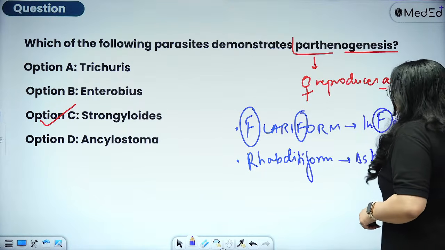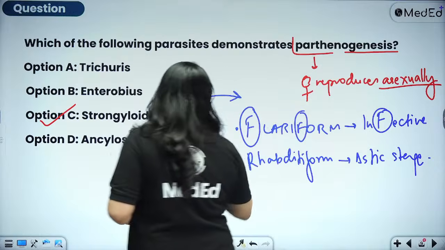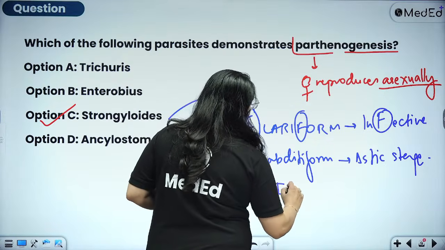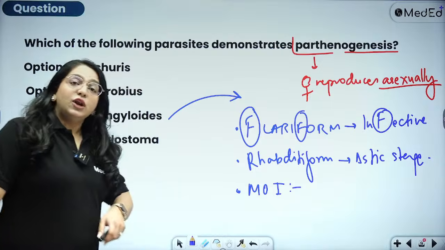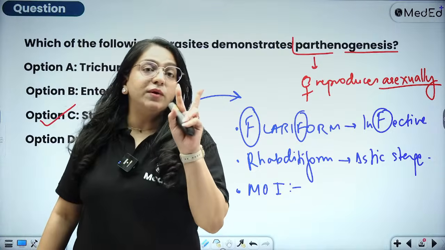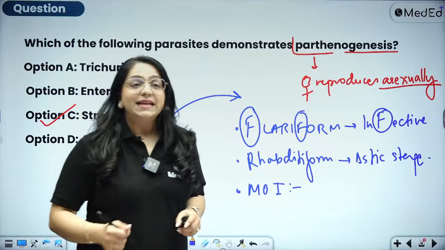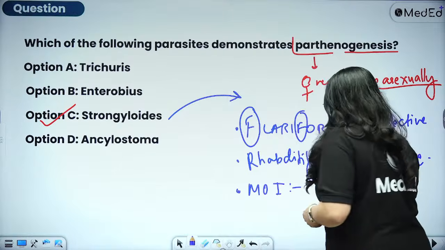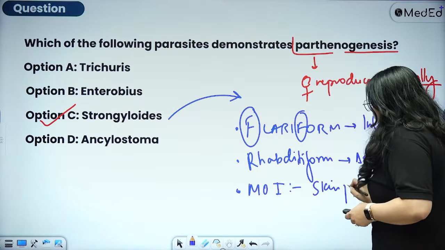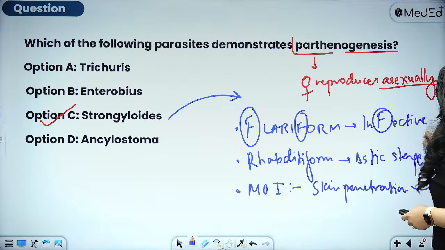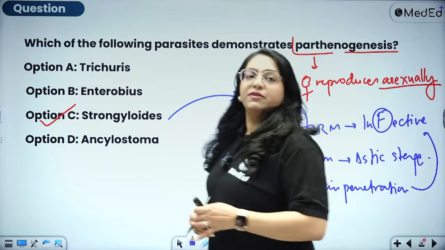Can you tell me, for strongyloides, we are talking about strongyloides only, the mode of infection? In strongyloides and hookworm, two important parasites, the mode of infection is not ingestion, it is skin penetration. And who will do this skin penetration? It is the filariform larva, which is the infective stage.